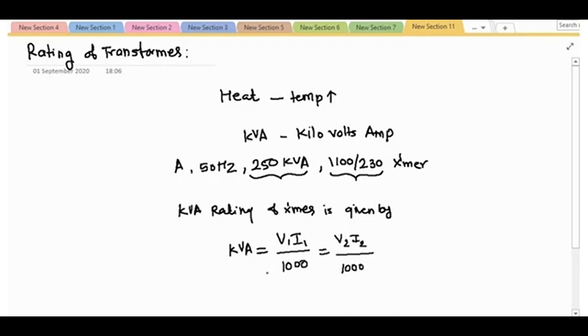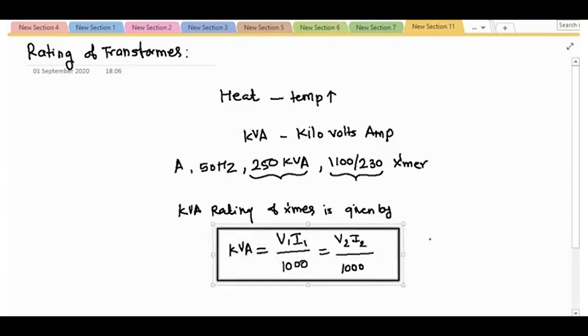Why have I divided by 1000? Because volt amperes I have to convert into kilovolt amperes. Here V1 and V2 are the terminal voltages on the primary and secondary side respectively, and I1 and I2 are the corresponding full load currents of the primary and secondary winding respectively.